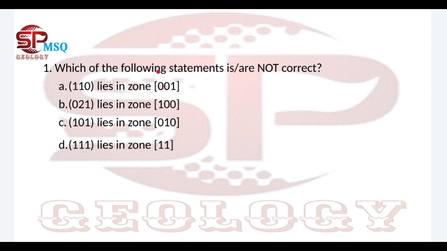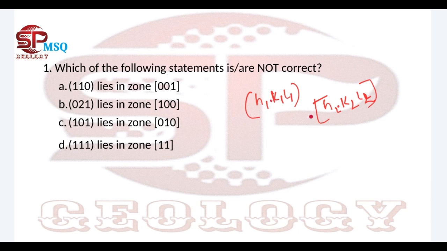There is a question here: which of the following statements is or are not correct? 0 0 1 plane lies in 1 0 0 zone. Suppose H1, K1, L1 is a face or plane, and H2, K2, L2 is the zone axis.